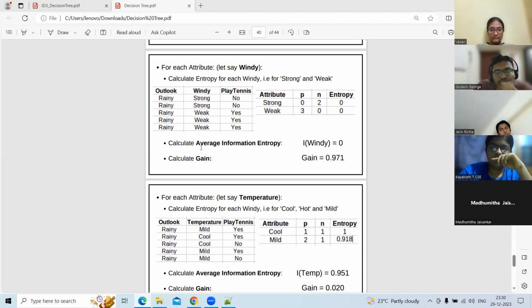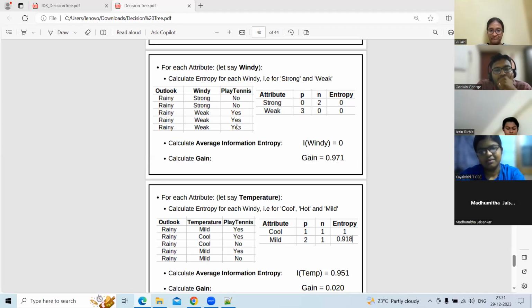Someone, what is your gut feel? Not the usual crowd, folks. I want someone else to answer. What next would we do? I go down the rainy, strong path, and instead of this pure classification of no, one of them turns out to be yes and the other one turns out to be no. How do you think the algorithm would proceed after this? Just go down that path.